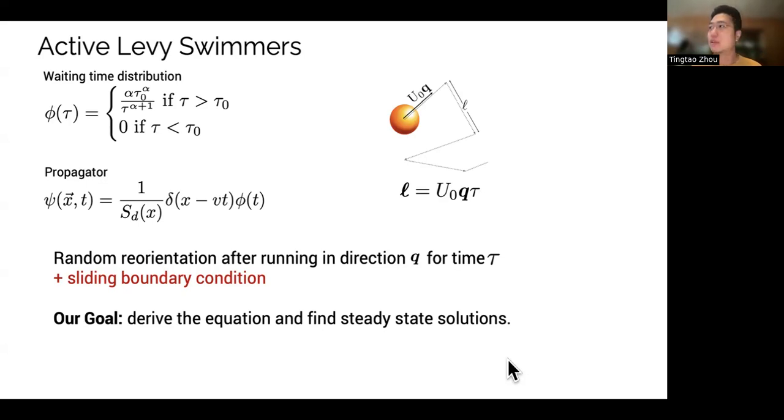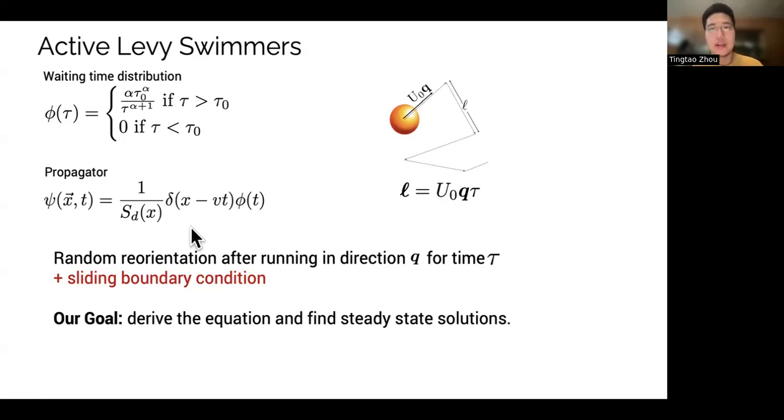And with that waiting time distribution, we can write down the propagator for this Levy swimmer. So basically, the Levy swimmer, again, is going to run for a power-law distributed waiting time in one direction, and then it's going to turn direction randomly and go in the other direction for another certain time of tau.